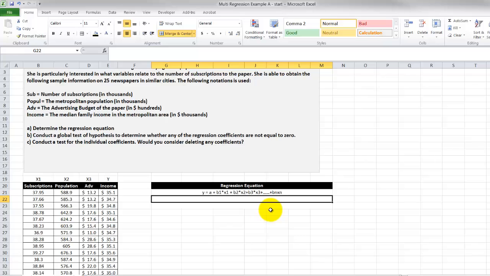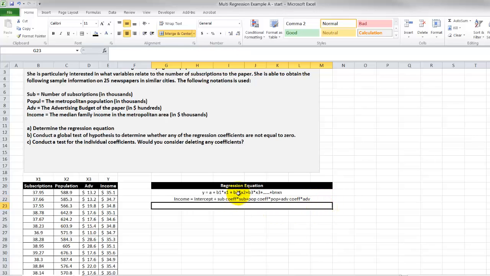What does our situation look like? Our situation looks like this. We're trying to predict income, which is equal to the intercept plus the subscription coefficient times the subscriptions, plus the population coefficient times the population, plus the advertising coefficient times the advertising dollars, ADV.